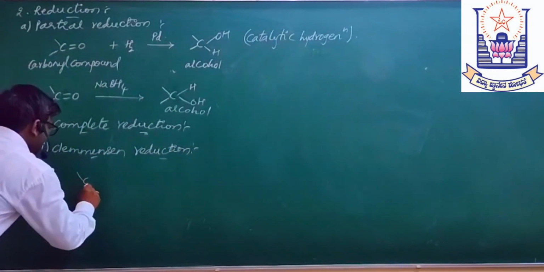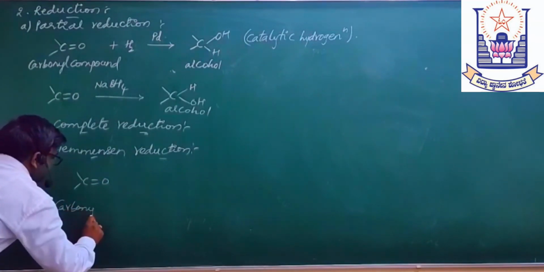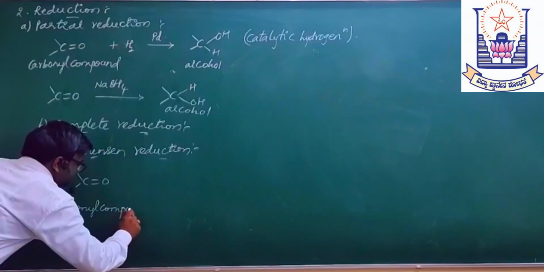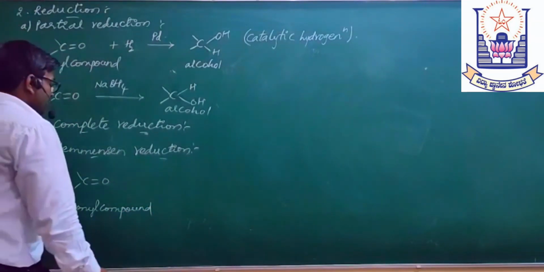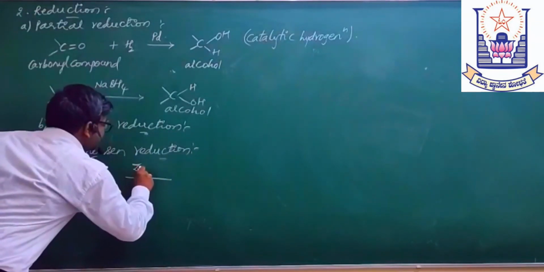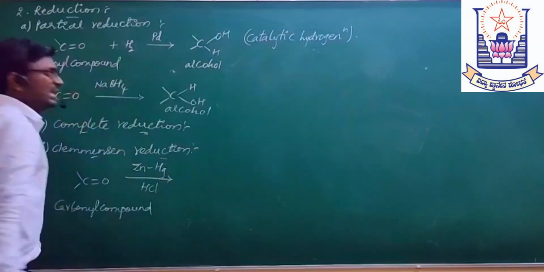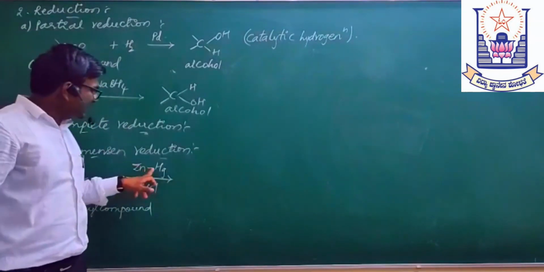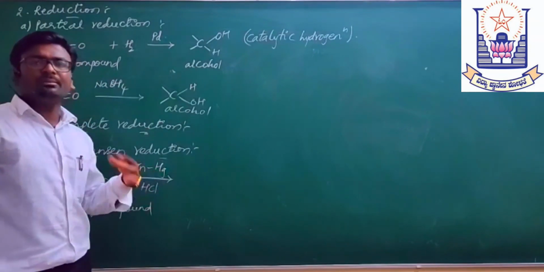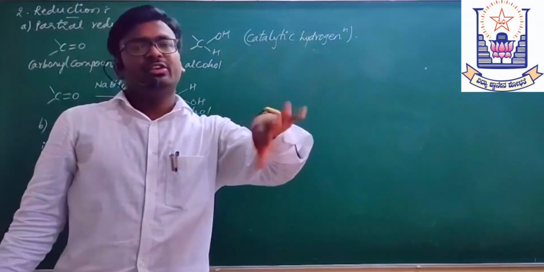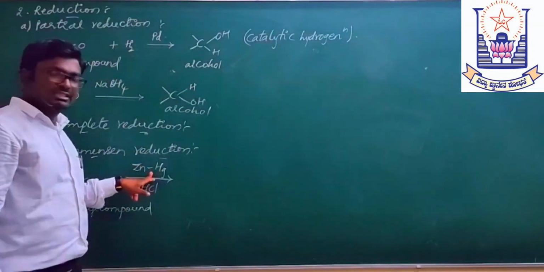He treats the carbonyl compound with zinc amalgam in the presence of HCl. What is this ZnHg? It is nothing but zinc amalgam. Amalgam means a combination of mercury with some other elements. Now it is called zinc amalgam.